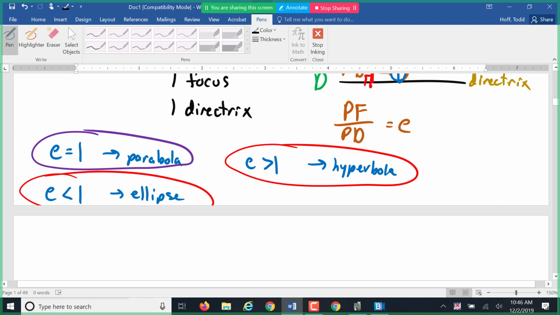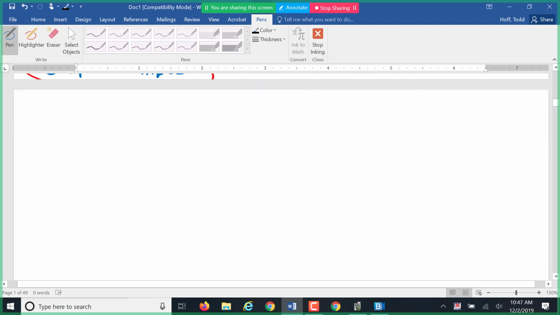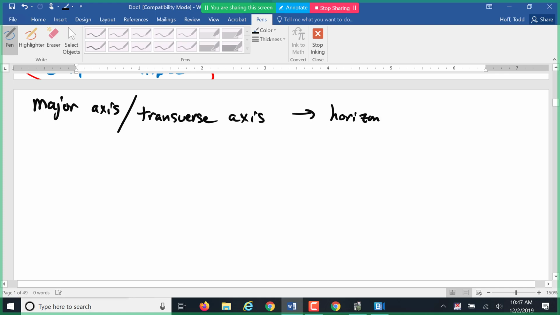Well, when we're in polar equations, there is a standard form for our conic sections. If our conic sections open horizontally, in other words, their transverse or major axis is horizontal, the equations use cosine in them.